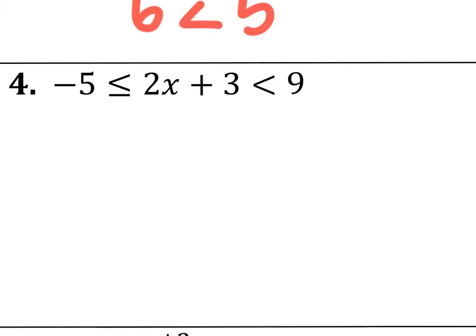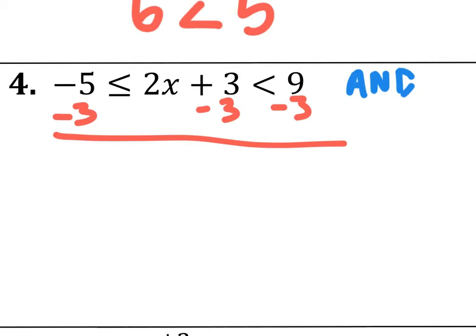Alright, remember on this we have an AND statement anytime the x right here is sandwiched in the middle of two inequality symbols. So it's an automatic AND statement. We're going to solve it just like we would any old equation or inequality, except for now we're going to subtract 3 to everything and then rewrite.